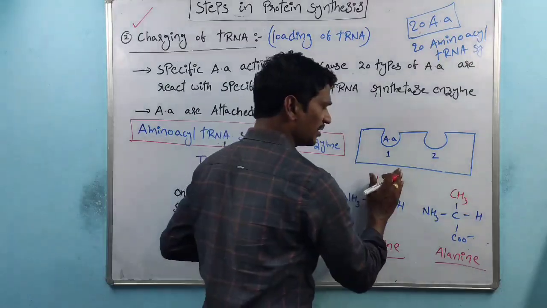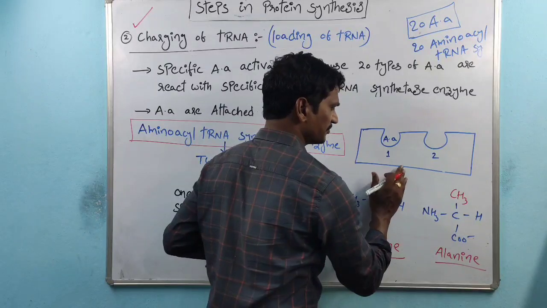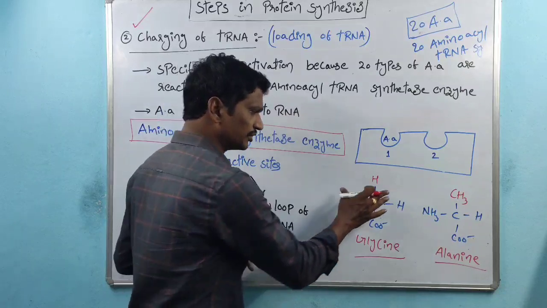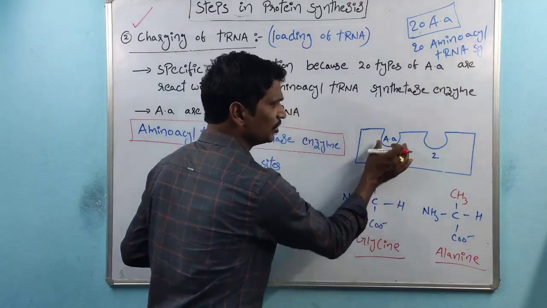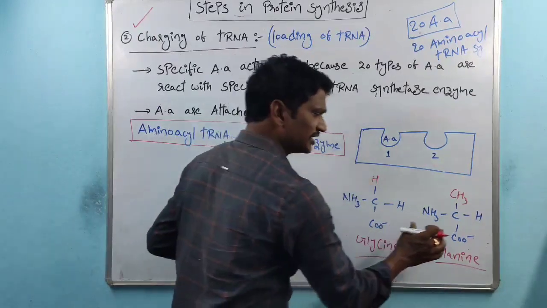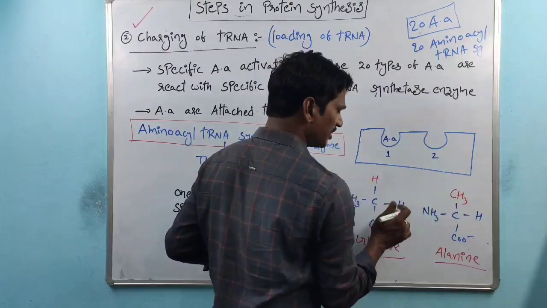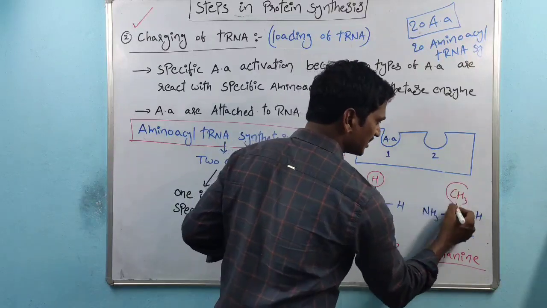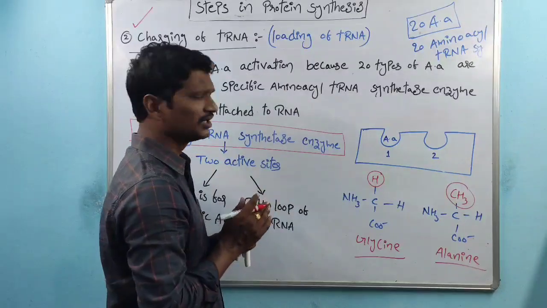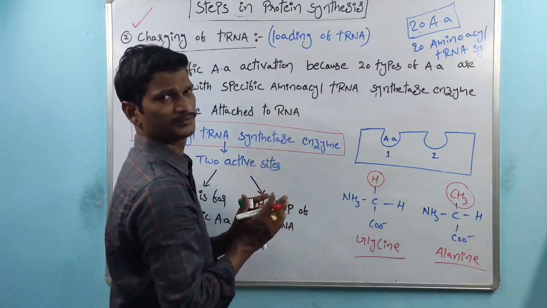For suppose this is the amino acid tRNA synthetase enzyme. The enzyme interacts with only glycine. So this structure only fits within the active site of the enzyme. This structure is not fitted because here H is present, here CH3 is present. So based on the structural differentiation, the active site structures also differ.